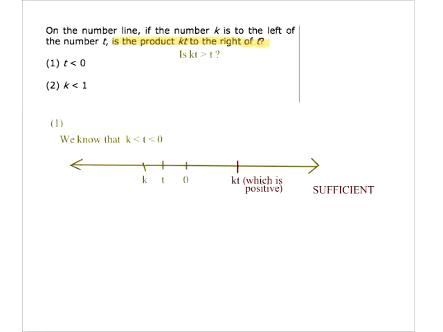Statement 2, let's take a look. You know, k is less than 1. So, and k is also less than t. We know that k is less than 1, and also that k is less than t. No idea of the order of t and 1.